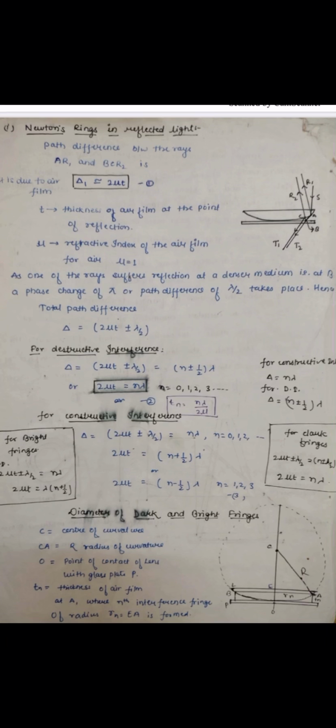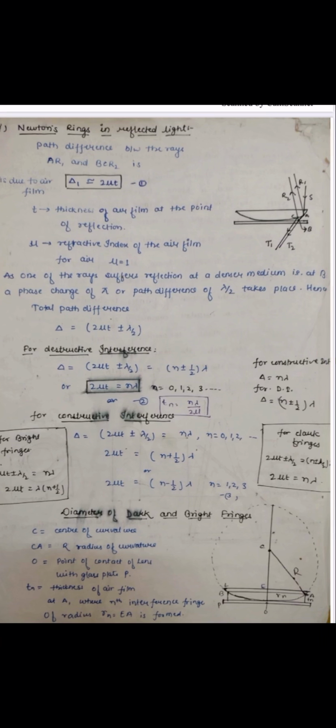We can see that the ray from B is getting reflected by the denser medium, and the ray AR1 at point A is getting reflected from the rarer medium. So there is a phase difference of pi, or you can say a path difference of lambda by 2 takes place here.